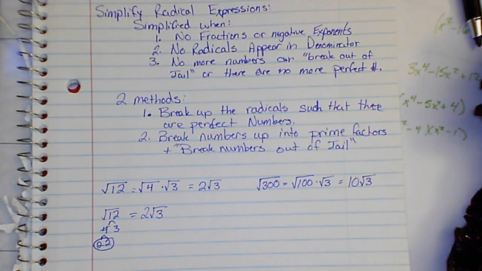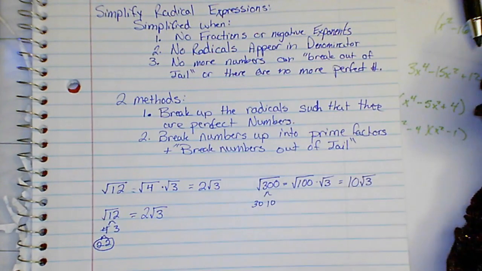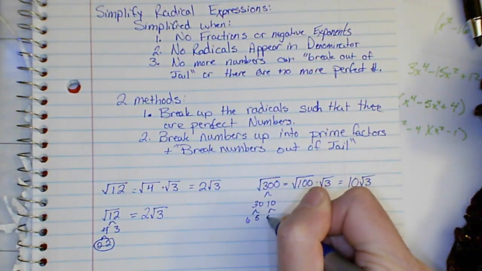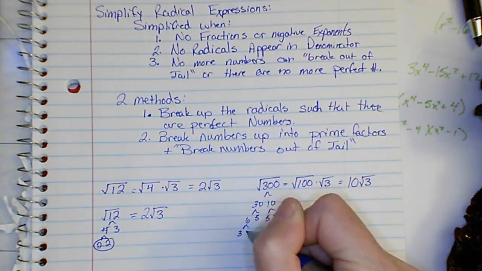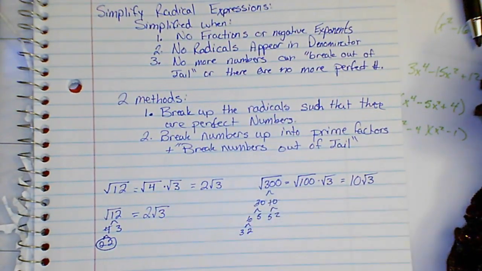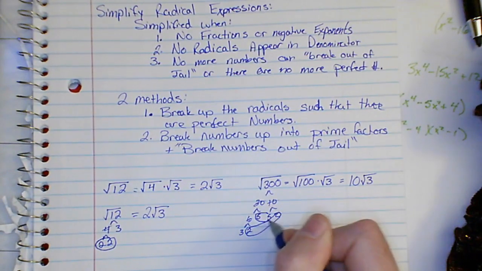But if you're not familiar with the perfect squares, especially with numbers that you really have to think about, you can factor 300 into prime factors. Now the 6 and the 30 and the 100 we don't need because they have been factored. We have a pair of 2's and a pair of 5's.